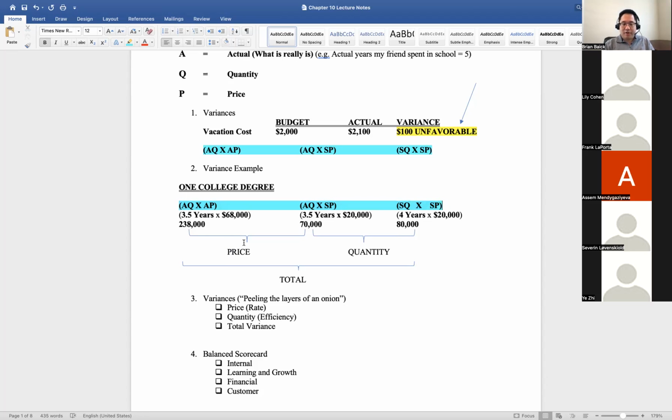And then you figure out 3 variances. So price, quantity, total. The way that I remember this is like the alphabet, A, B, C, D, L, M, N, O, P for price, Q for quantity, T for total. So it's like in alphabetical order: price, quantity, total.